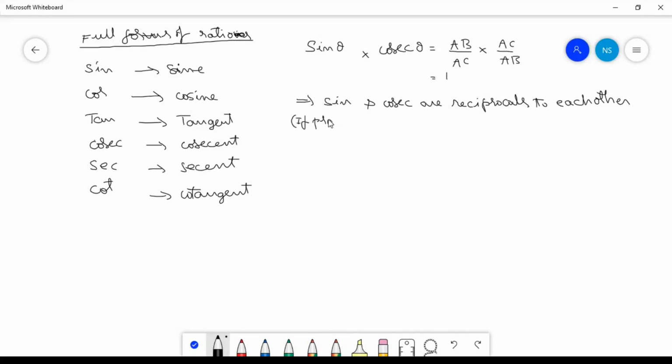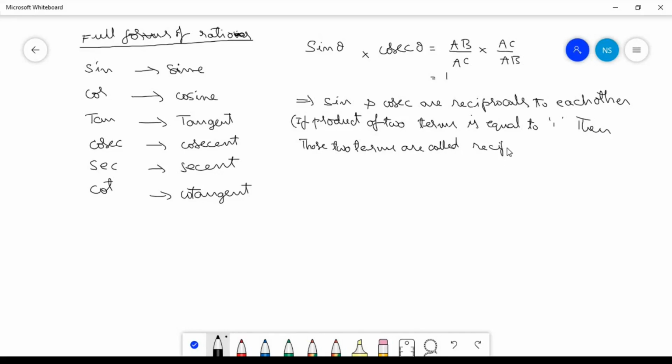If the product of two terms is equal to 1, then those two terms are called reciprocals to each other.